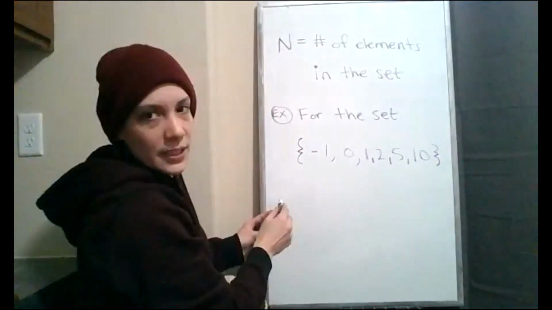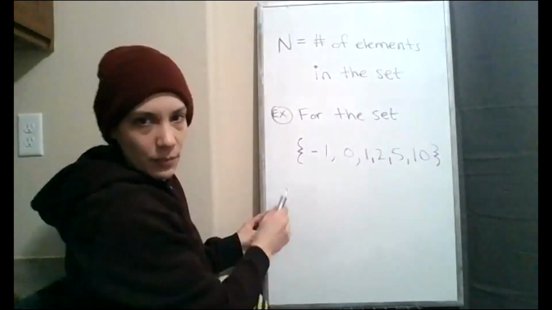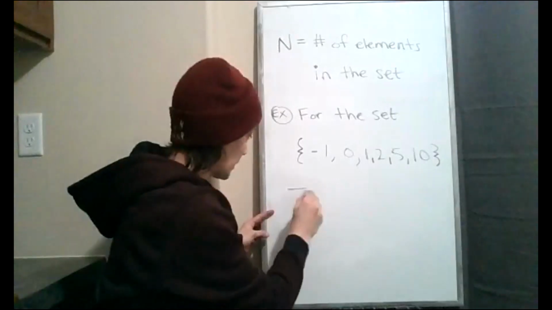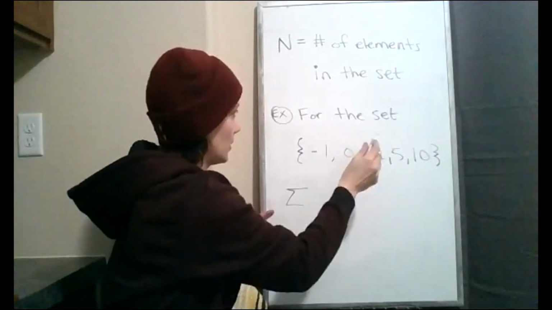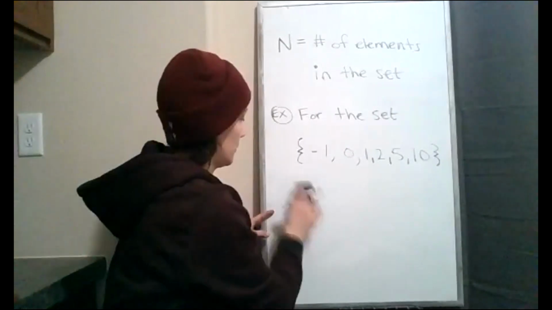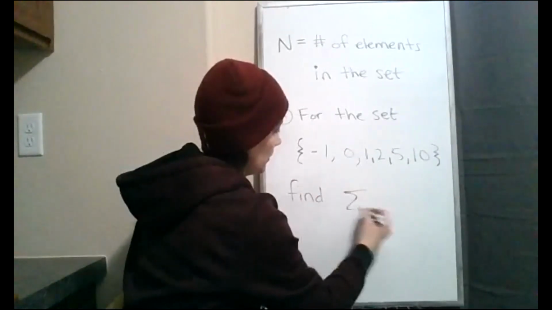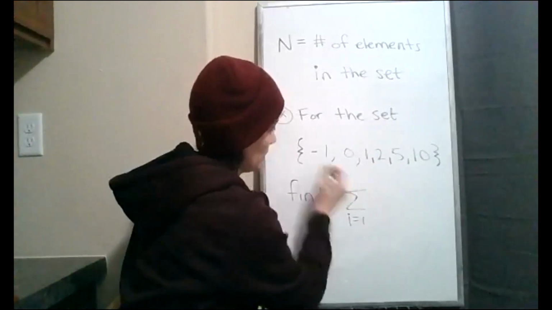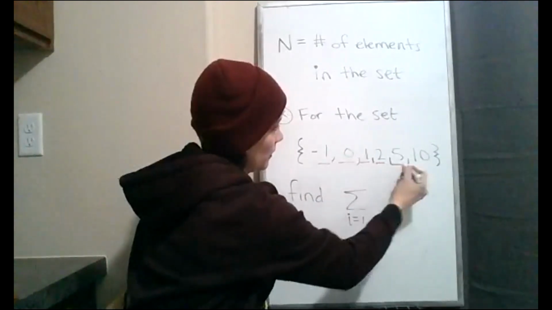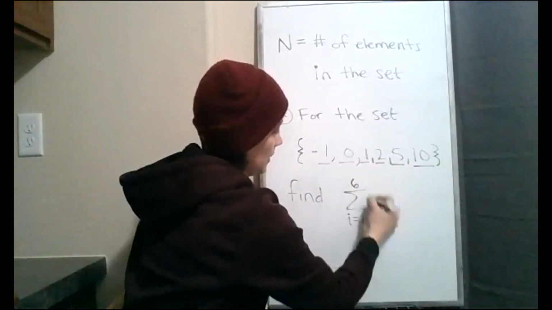And I do see the question in the chat, which I'll get to in just a sec. Let's write up the question. Find the sum from i equals 1 to 6 of x sub i.